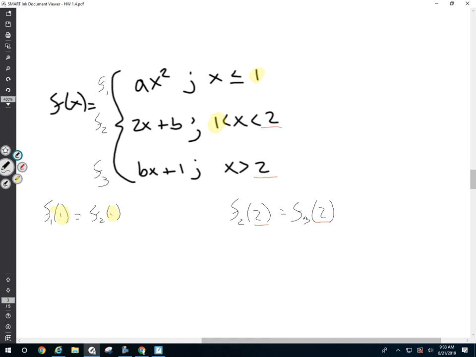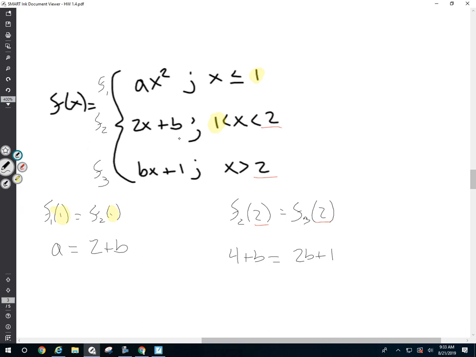Let's create our equations. I got a times 1 squared, that's just a, equals 2 plus b. Next one, I'll have 2 times 2 plus b, which is 4 plus b, equals 2b plus 1.